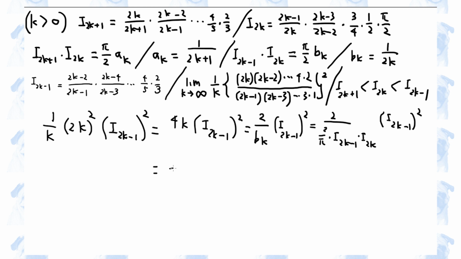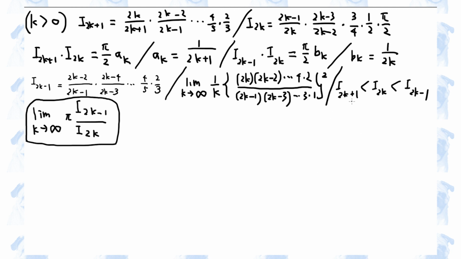This is equal to pi times I sub 2k minus 1 over I sub 2k. So essentially, we have to find the limit of pi times I sub 2k minus 1 over I sub 2k as k approaches infinity. Next, let's pay attention to this inequality.